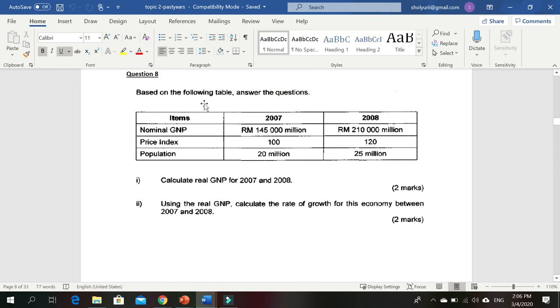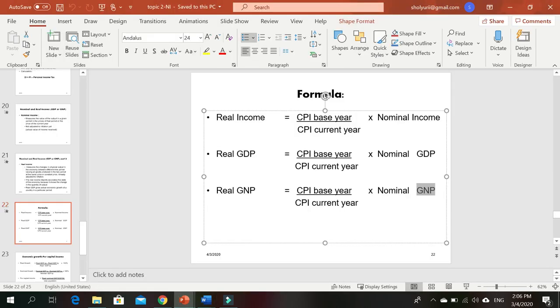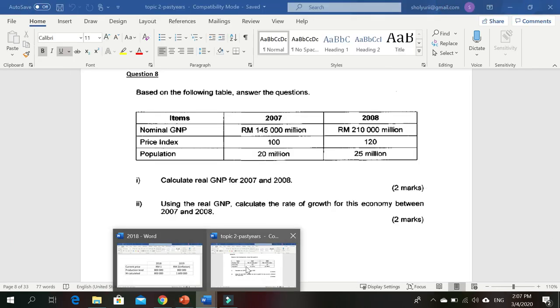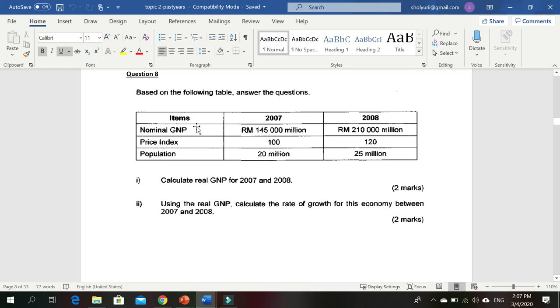Based on the following table, answer the question. They give nominal GNP. So when they say nominal GNP, of course we must use the real GNP formula: CPI base year over CPI current year times nominal GNP. You can't put nominal income, it's wrong here, because in the question they gave nominal GNP.